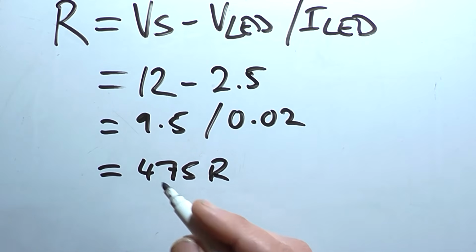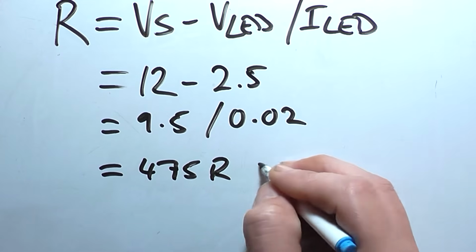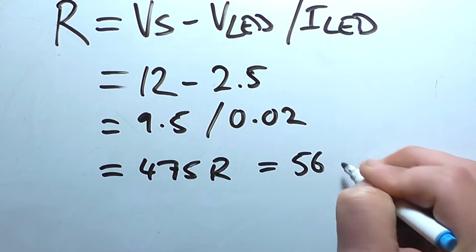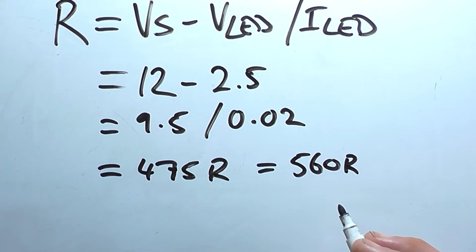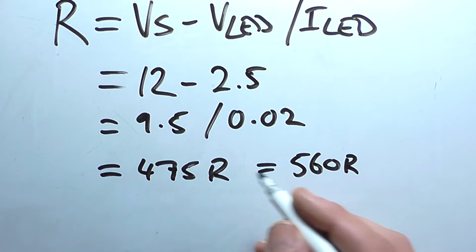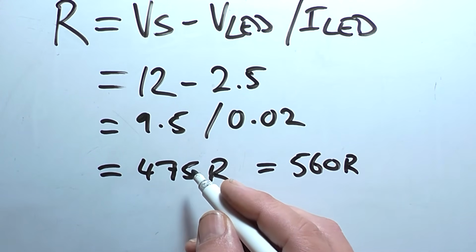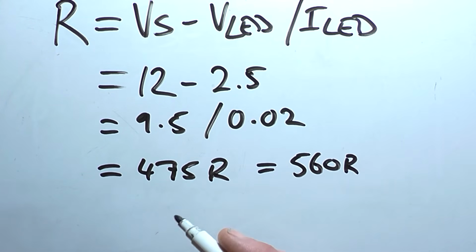Now we then go to the next nearest value, which is higher than this value, so that would mean we would go for a 560 ohm resistor if we use the standard resistor values. And when I'm talking about standard resistor values, I mean 470 ohms, 560 ohms, 680 ohms, 820, 1K, etc. It's always a good idea to go higher in resistance than to go down to say 470 ohm, because you're starting to go a little higher than the 20 mA.